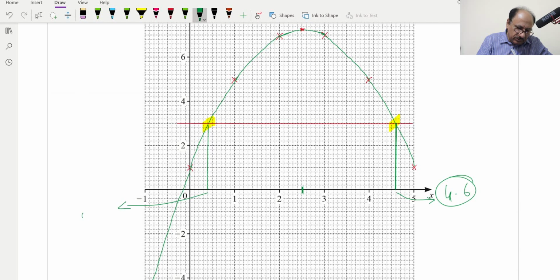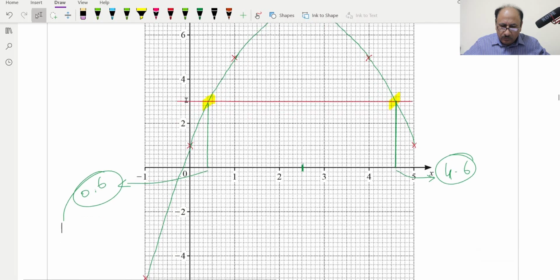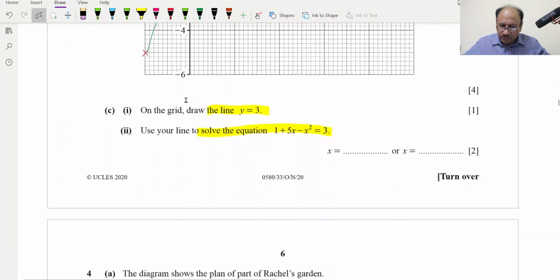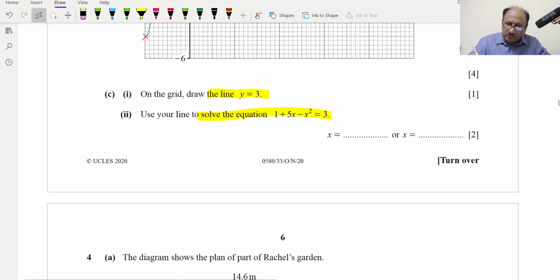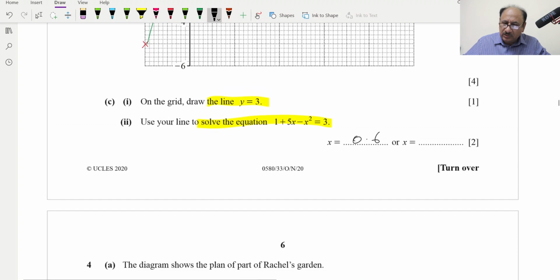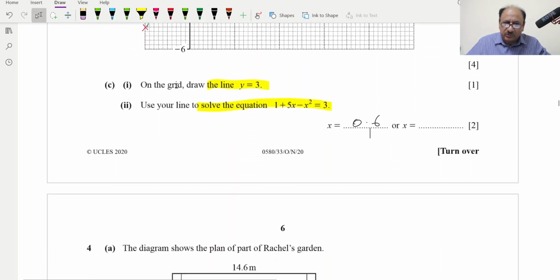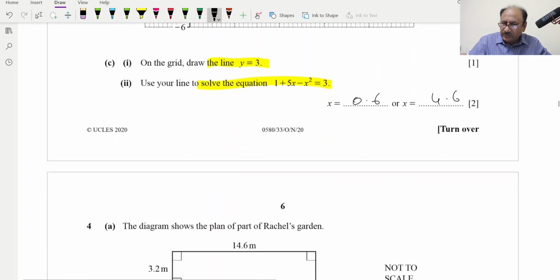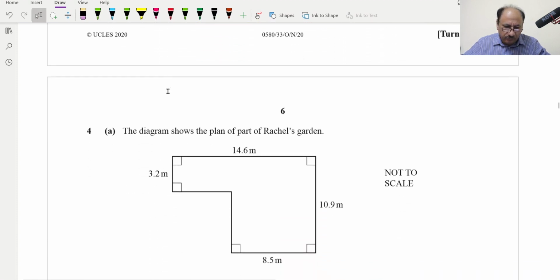If you check, this point is 0.6, and these two solutions we can mention over here, and our solutions will be 0.6, and the other side was 4.6. So 0.6 and 4.6, these are the two solutions for 2 marks.